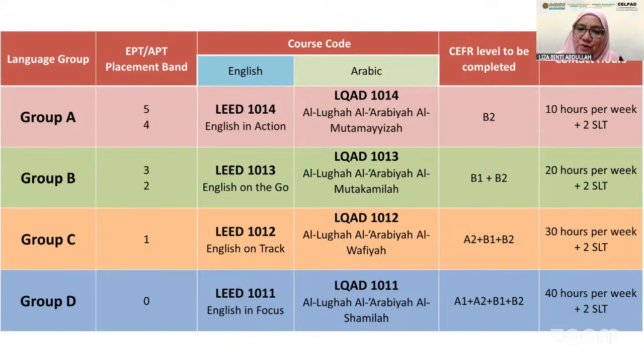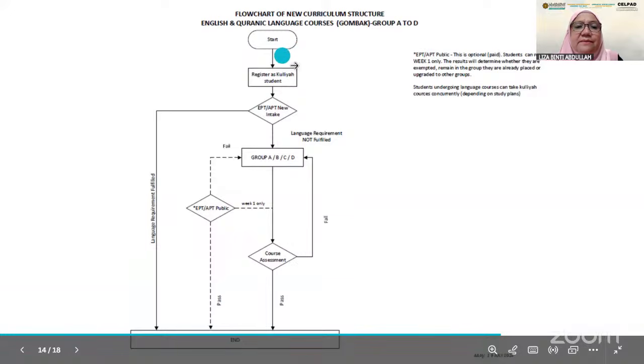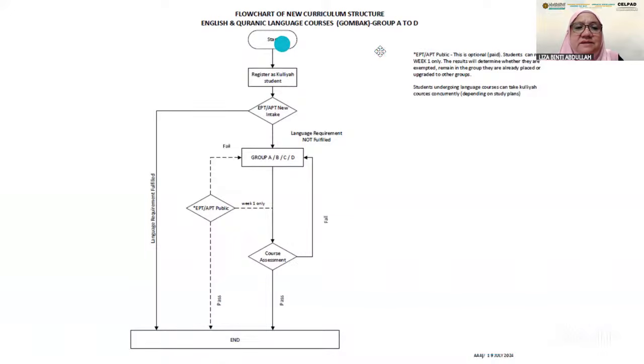But we do have this one, if you do not pass in the following semester, if you look at this chart. Okay, let me start with the chart here. You start here, you come and register as kuliah student, you take EPT and APT.